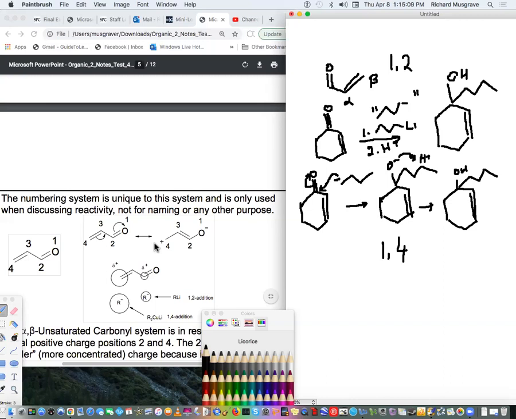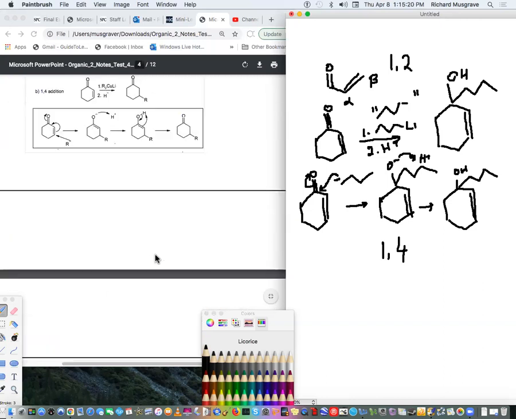So it's possible that we can have a negative compound come in and hit that positive charge at the end. And when we change the reagent, that's exactly what happens.